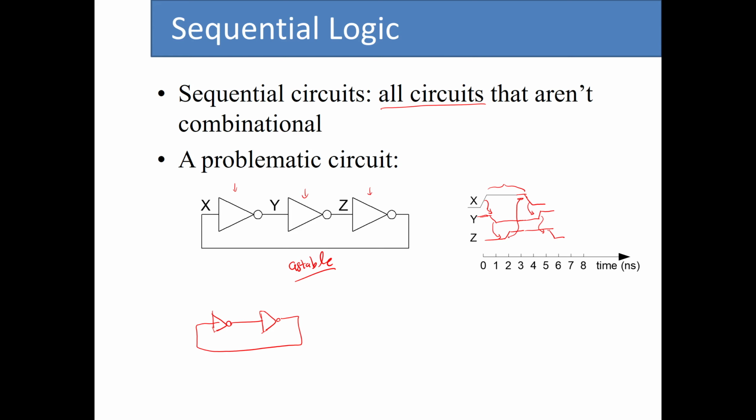Depending on how much delay we have here, this would change. Depending on the temperature of the circuits themselves, these delays would change, and we have a different time frame for when X, Y, and Z change from 0 to 1.